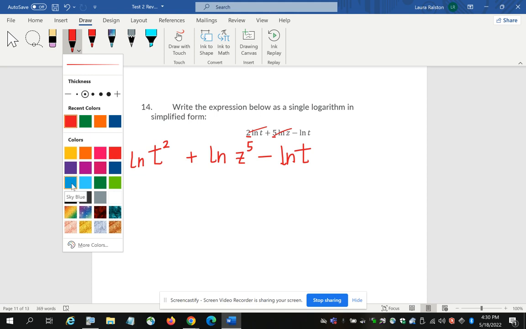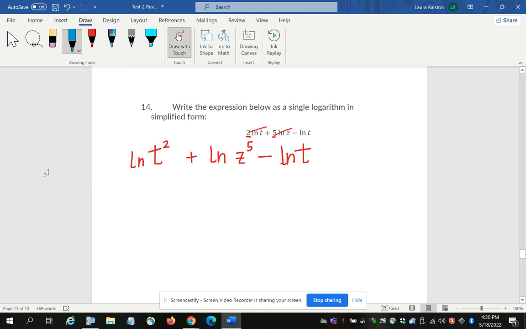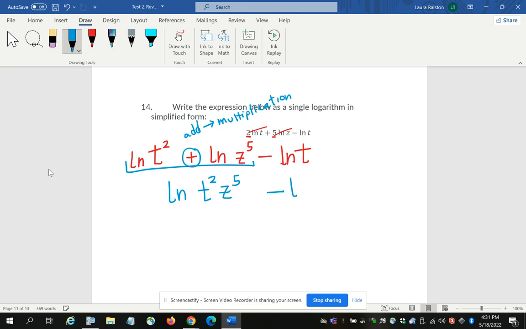From there, I see that I have things that are added and subtracted together, and I'm going to work left to right, just like we do with any math problem. We work left to right. So working left to right, natural log of t squared plus natural log of z to the fifth. Addition becomes multiplication if you go back and look at the properties. Okay, so I'm going to have the natural log of t squared times z to the fifth minus natural log of t.